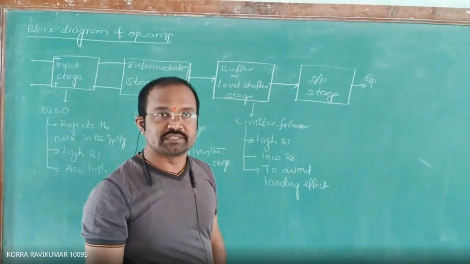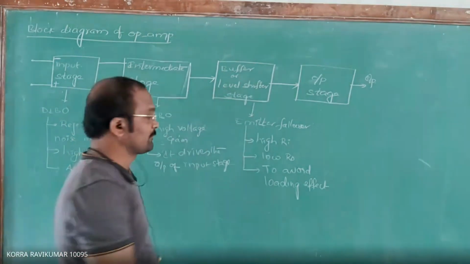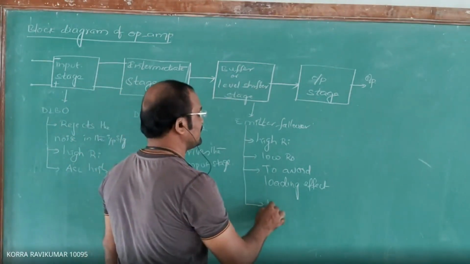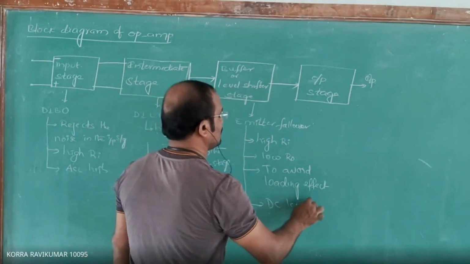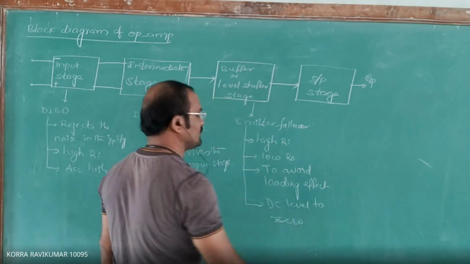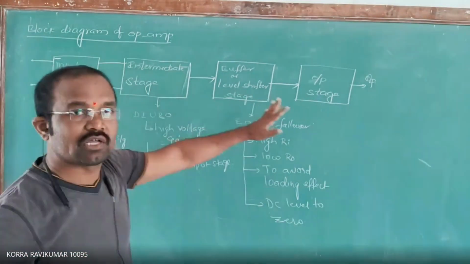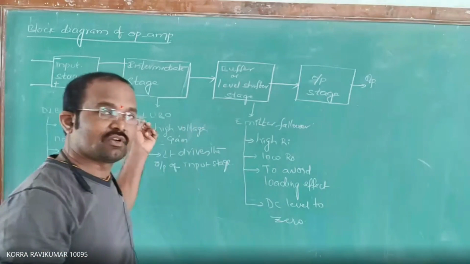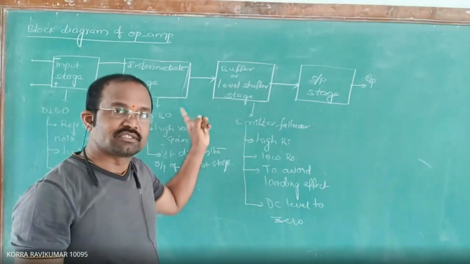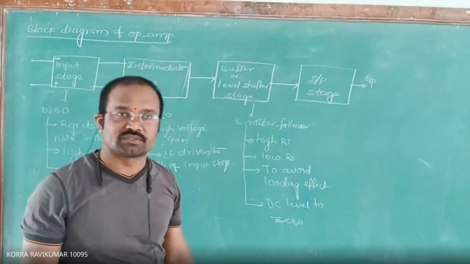Moreover, the main important reason to use the emitter follower circuit in the third stage is that this emitter follower level shifter circuit can make the DC level 0. Say for example, all stages are cascaded: stage 1 output is given to the second stage, stage 2 output to the third stage, and the third stage output to the fourth stage.